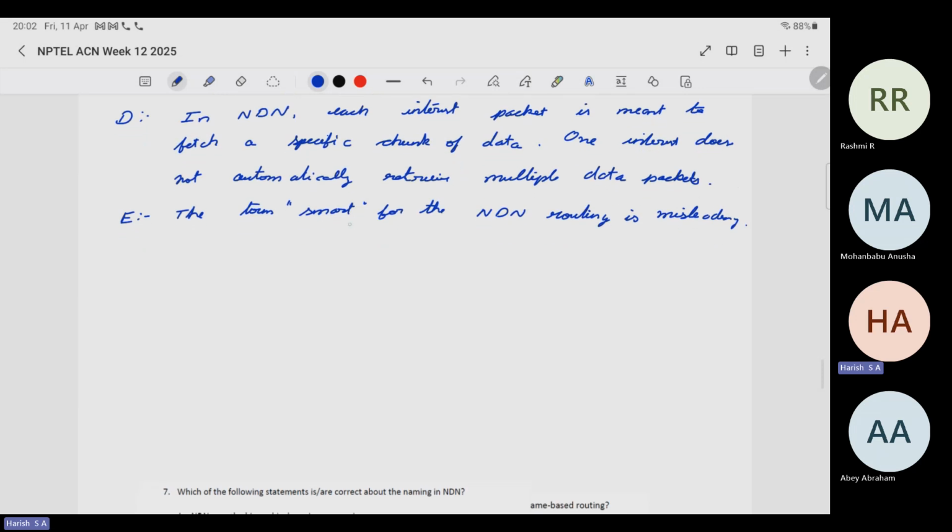The term smart, because while NDN routers perform additional tasks, characterizing the IP routing itself.